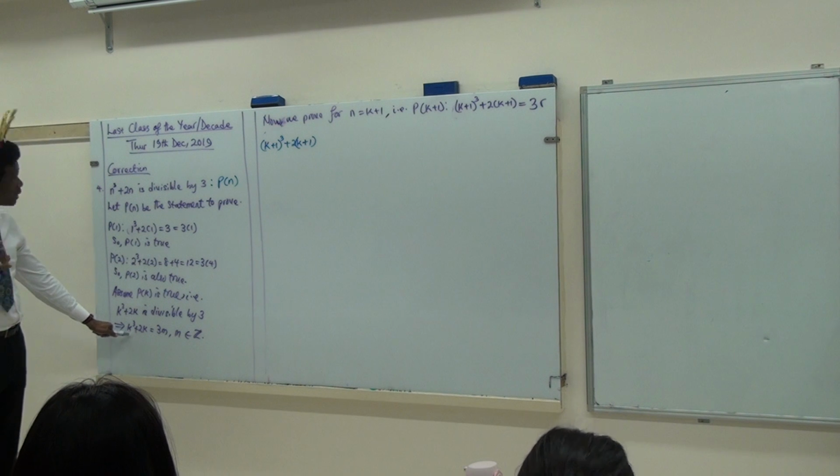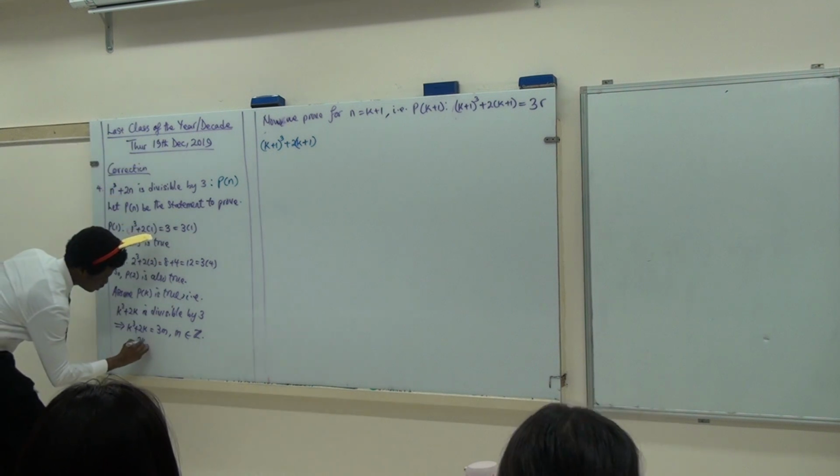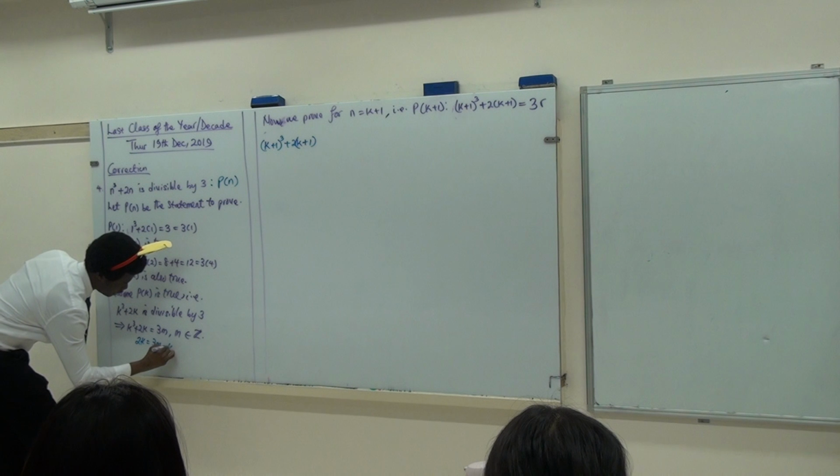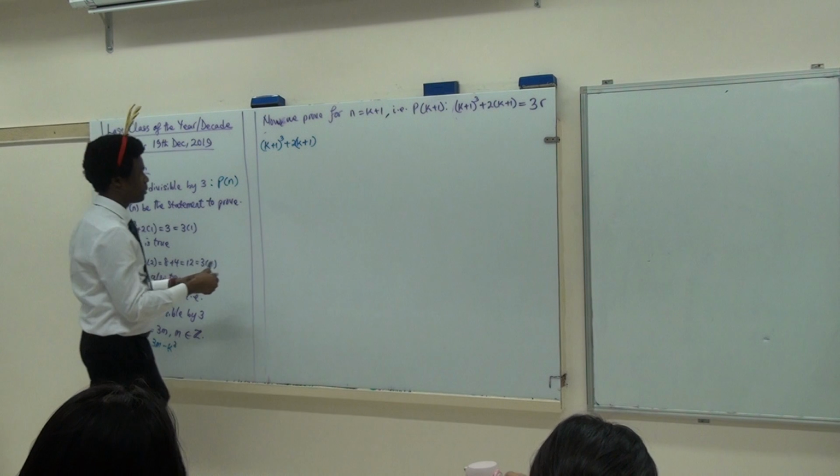There are 2 things coming to my mind. If we make 2k the subject here, let's try it. If we make 2k the subject, 2k is 3m minus k cubed, right? Then we can expand that, and the k cubed will come out of it. So this is what I mean by that.